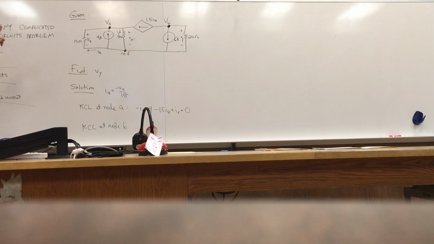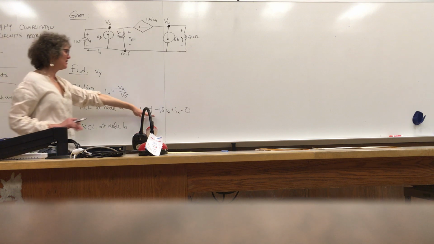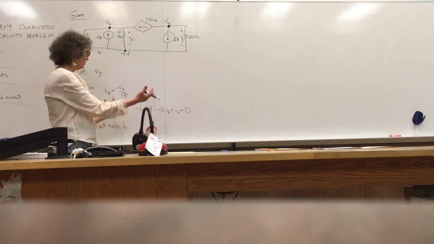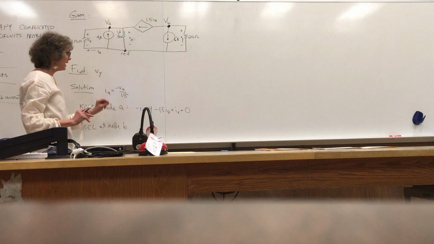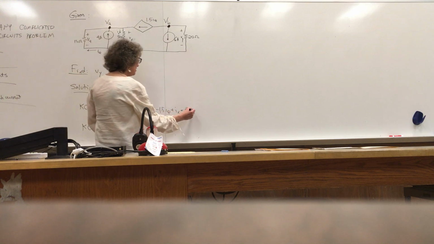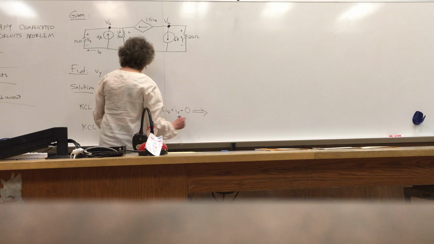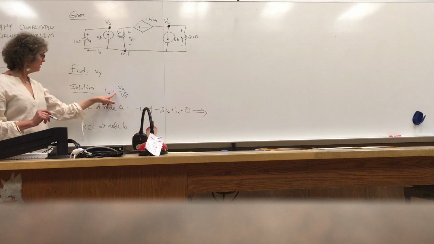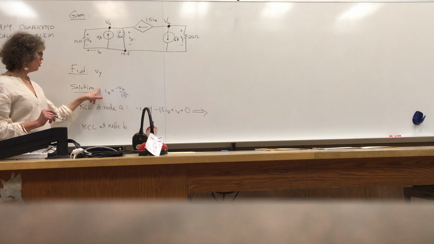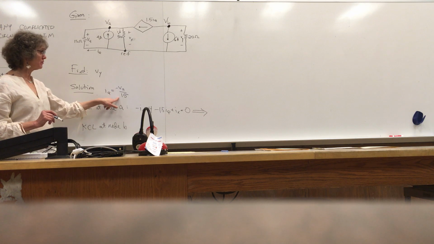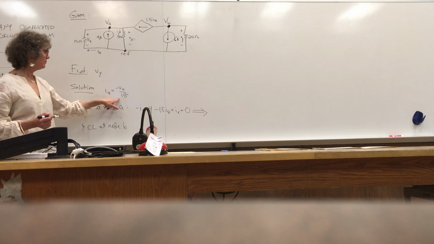And I want those equations to just have node voltages in them. So I'm not real happy with this because this has currents in it, it's not node voltages, but I can quickly change this equation to just have node voltages because I know what this controlling quantity is in terms of a node voltage, so I'll just stick it in.